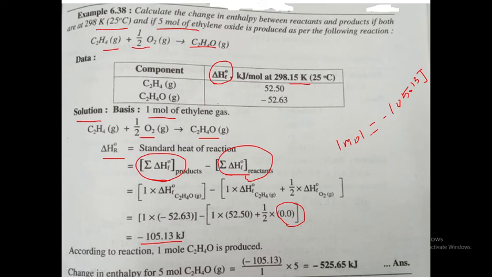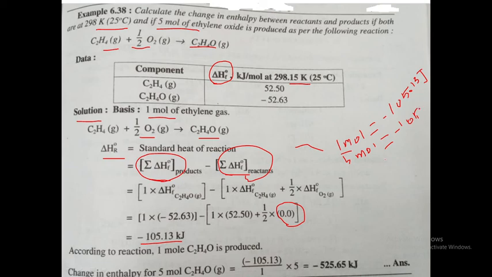Okay. What do you do here? 5 moles means 5 into minus 105.13 divided by 1. Are you clear or not? Okay. So here this is the 5 moles. 5 moles is equal to, so here this is the cross multiply, 5 moles is equal to minus 105.13 into 5.